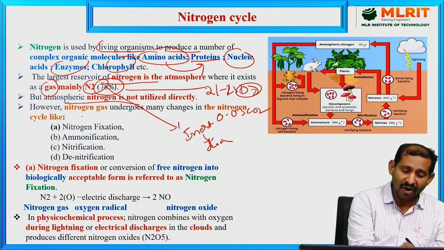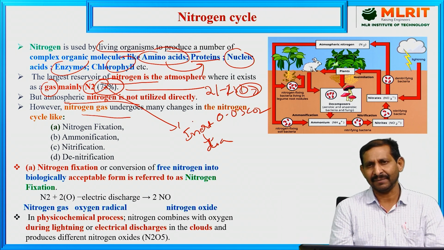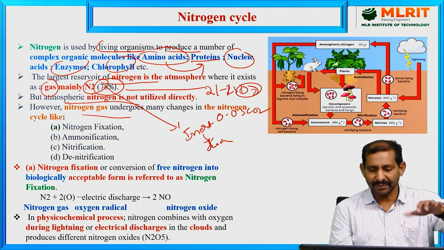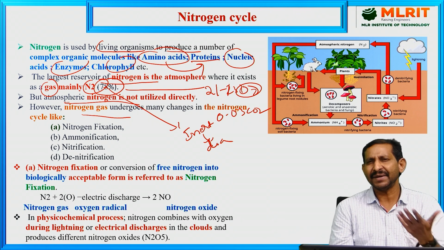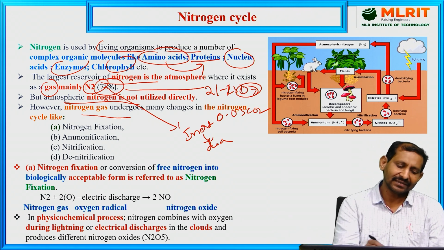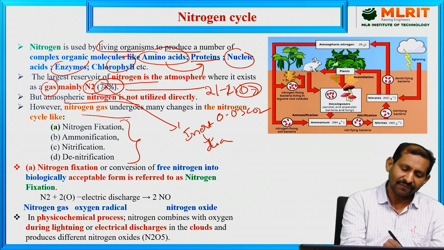However, nitrogen gas undergoes many changes and modifications during the nitrogen cycle. What are the steps in the nitrogen cycle? There are 4 major steps.